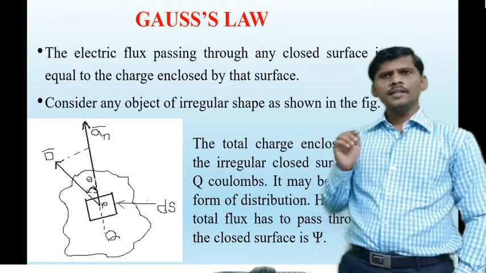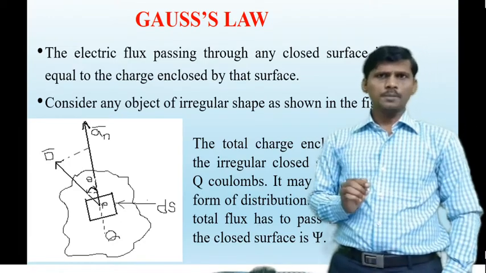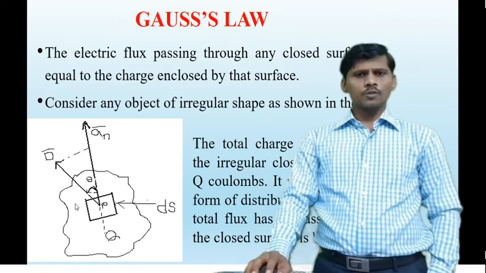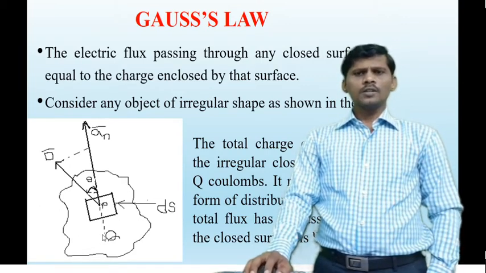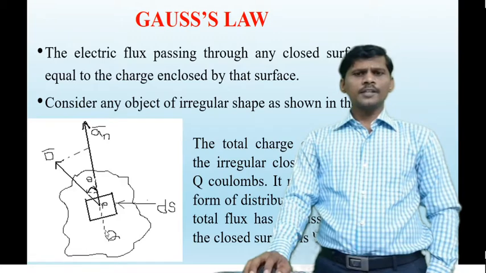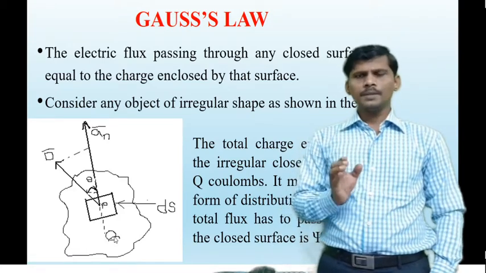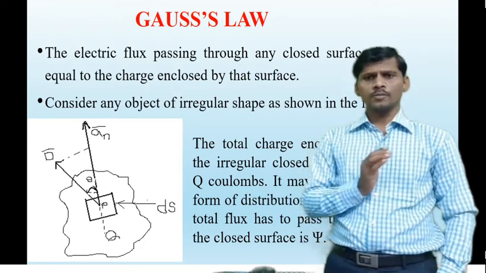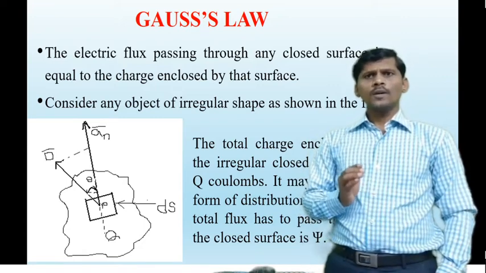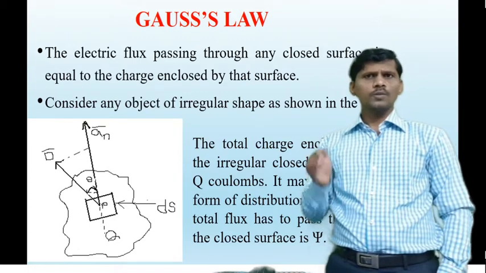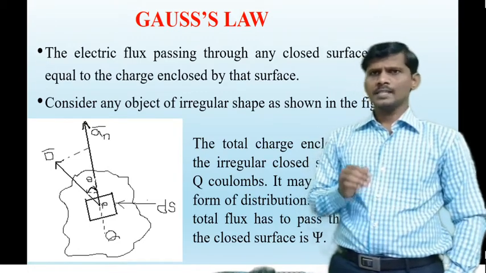Consider any object of irregular shape as shown in the figure. This is the irregular closed object. The total charge enclosed by that surface is Q coulombs, in any form of distribution. The total flux passing through that closed surface is psi.